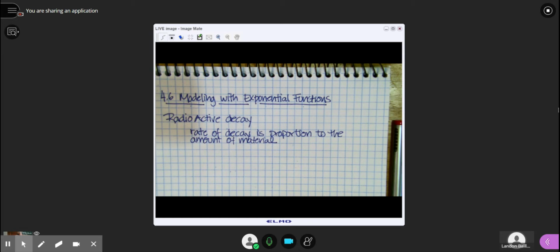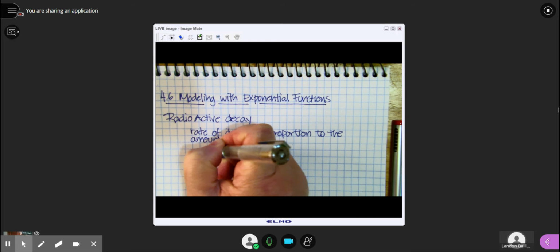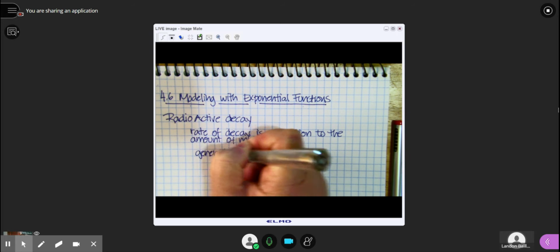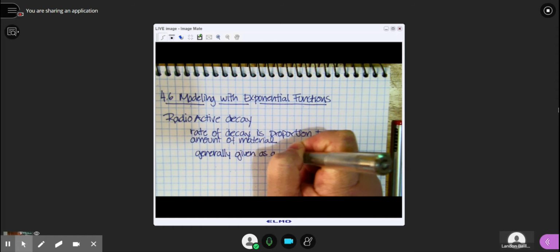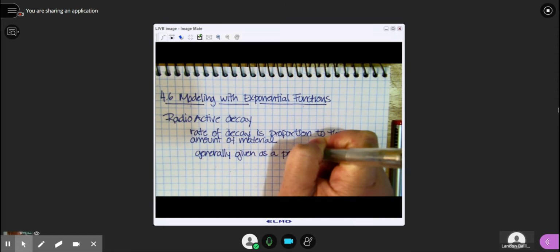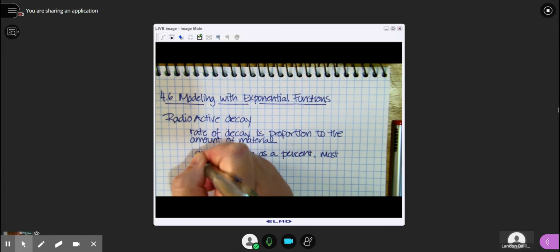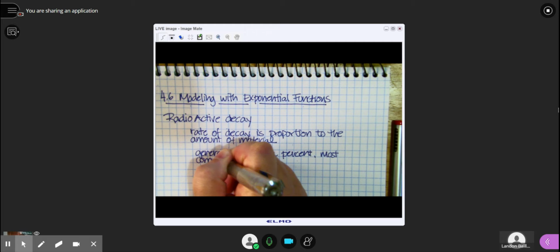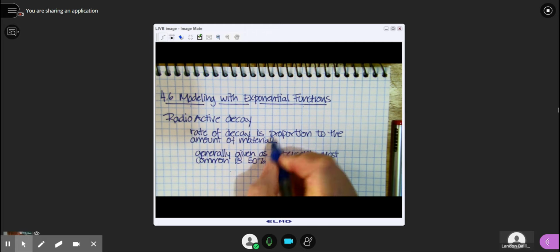It is generally given as a percent. However, the most common is 50%, and this is known as a half-life.